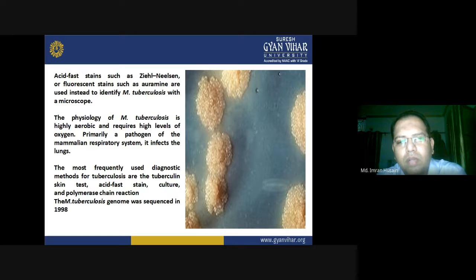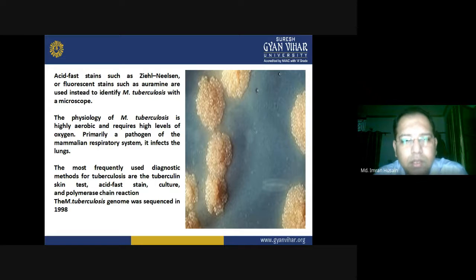Primarily a pathogen of the mammalian respiratory system, it infects the lungs. The most frequently used diagnostic methods for tuberculosis are the tuberculin skin test, acid fast stain, culture, and polymerase chain reaction.